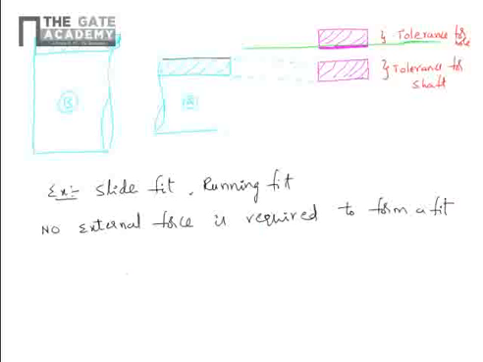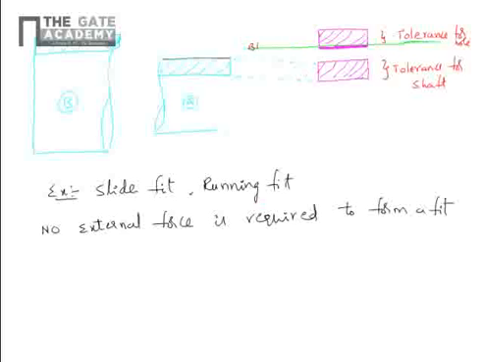So in clearance fit we have to calculate the maximum clearance and minimum clearance. If you look at the diagram, before going to that, we need to mention what is the upper limit of hole and upper limit of shaft, and lower limit of hole, lower limit of shaft.